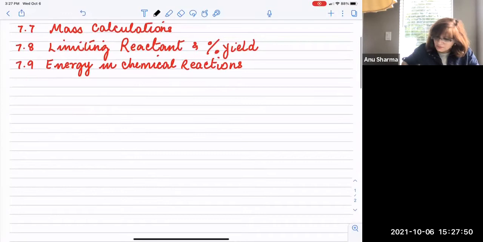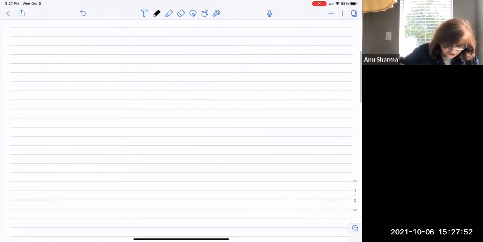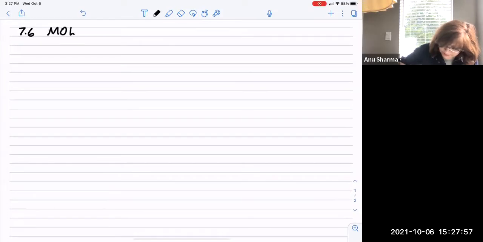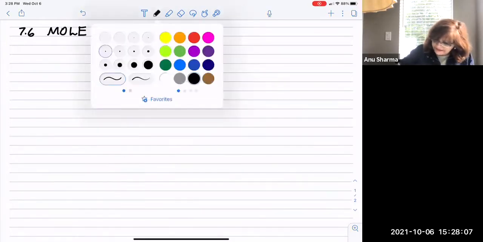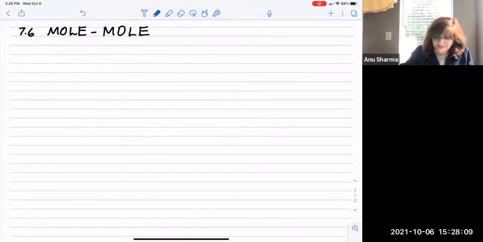Okay, so now let's look at the concept of mole factors. So this is 7.6, and this is the mole factor. That is the relationship between the two entities. One example here is, how do we apply these moles in a chemical reaction?